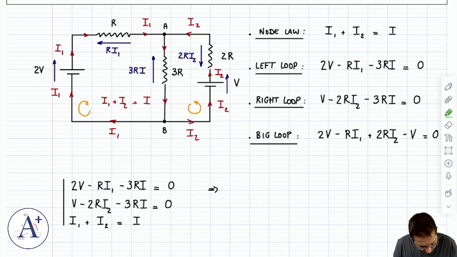Okay, because I can do this. I can say I is I1 plus I2. And if I substitute in there, then it will get my first two equations only in terms of I1 and I2. And that makes me happy because then I can solve two equations with two unknowns.